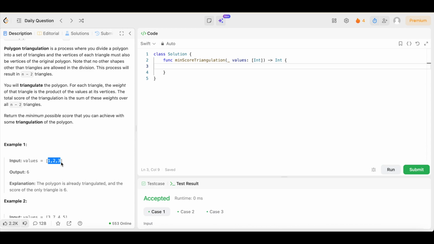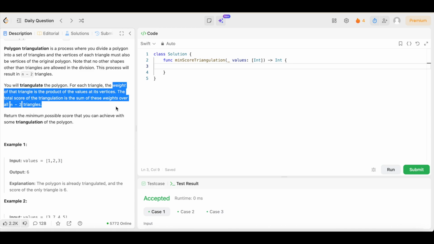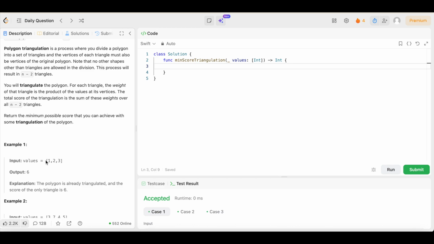Since we're starting with a triangle, we just need to find the weight and the score of one triangle, right? The weight of the triangle is the product of the values at its vertices, so that would be 1 times 2 times 3, which gives us 6. So then we have the weight, but we want the score. The total score of the triangulation is the sum of these weights.